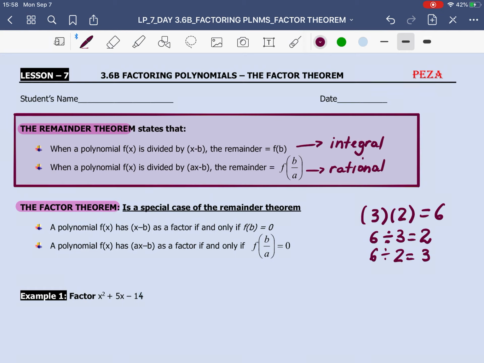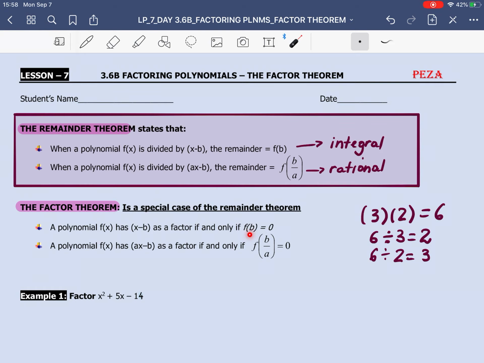When it comes to polynomials, we're going to say that a binomial of the form x minus b would be considered to be a factor of a polynomial if the remainder that we obtain from the division of f of x by x minus b would be equal to 0.